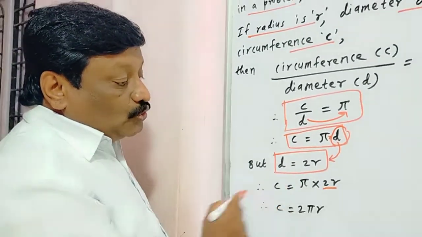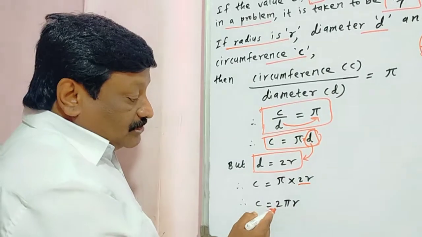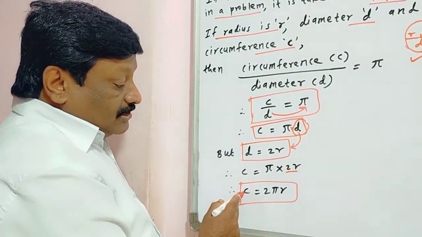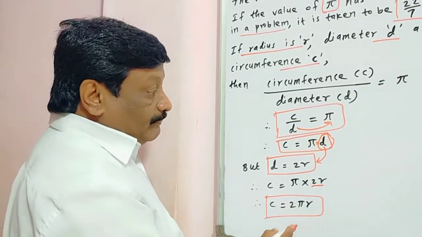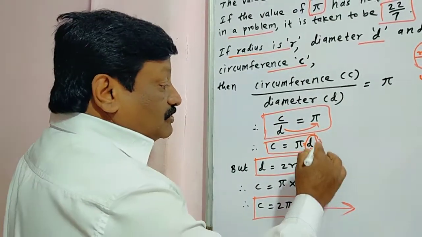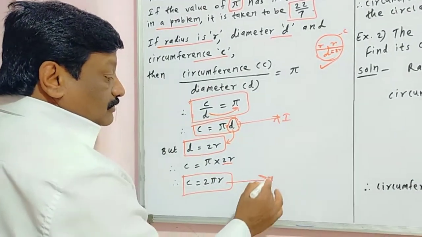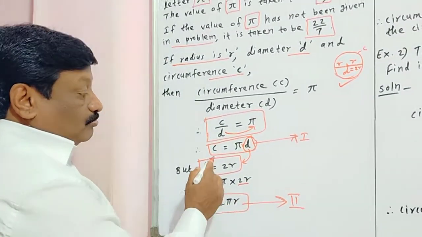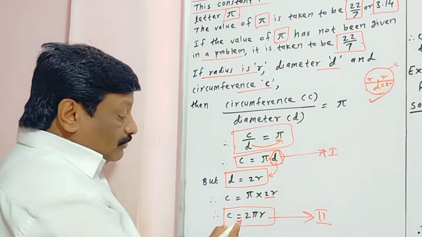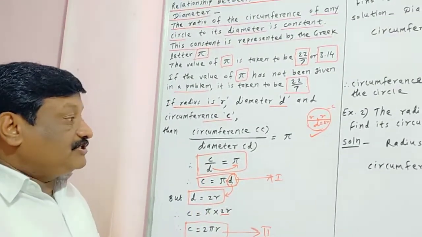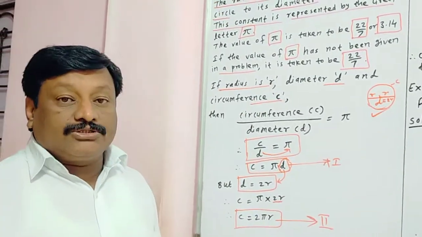So pi into 2R, then take 2 first here, then we will get C equal to 2 pi R. So two equations are here. This is first equation, this one is second. C equal to pi D or C equal to 2 pi R.